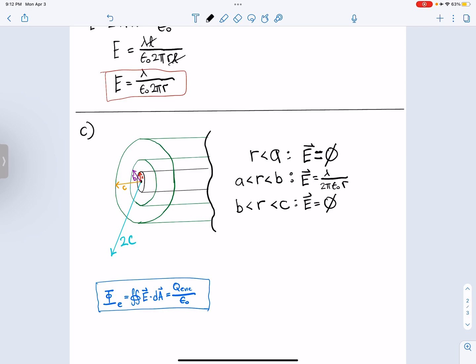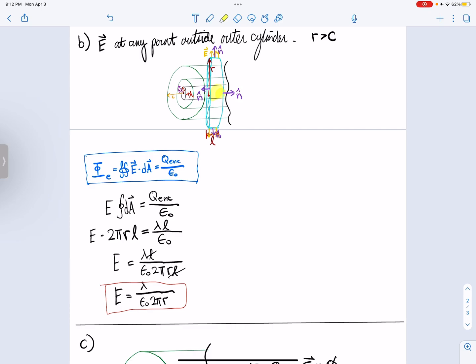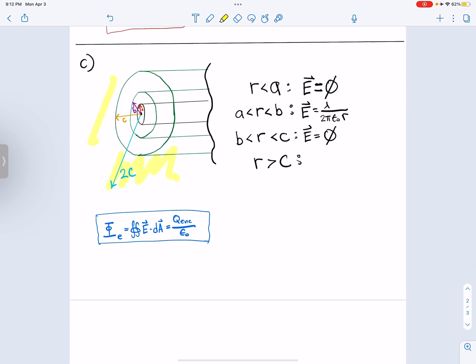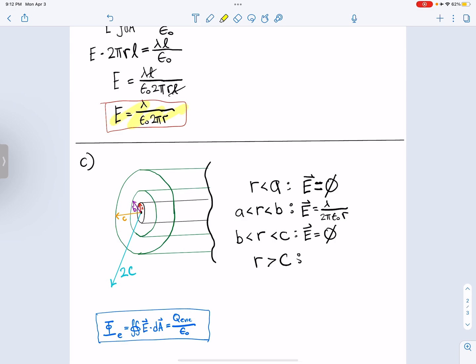All right, what about when r is greater than c? We solved for that here. That was when we looked for the electric field at any point outside the outer cylinder. Anytime you're outside the outer cylinder, r is going to be greater than c. And we know the value for the electric field there is lambda over 2 pi epsilon naught r.